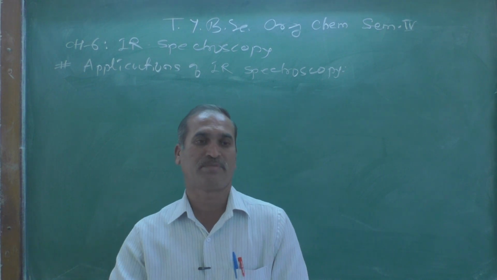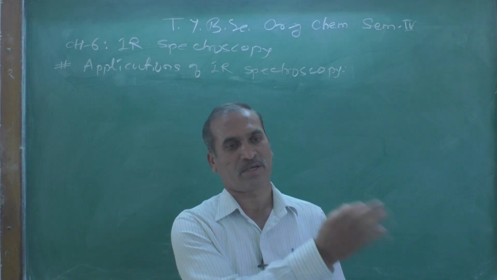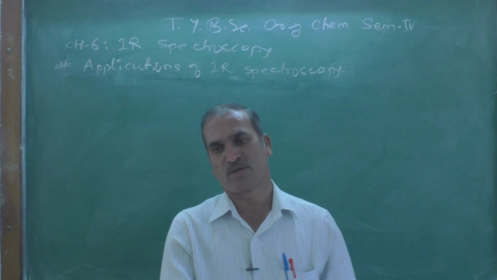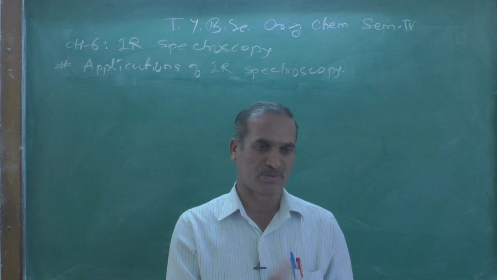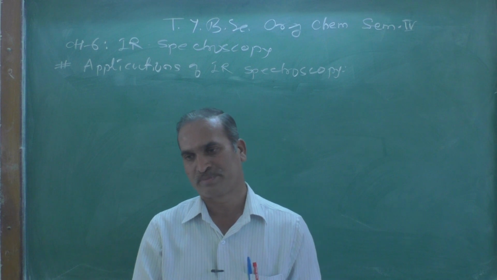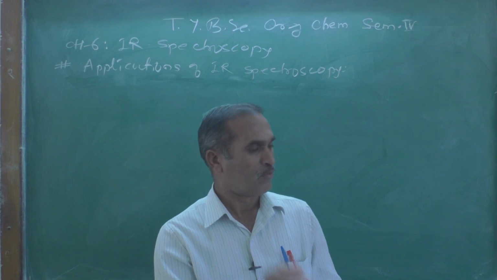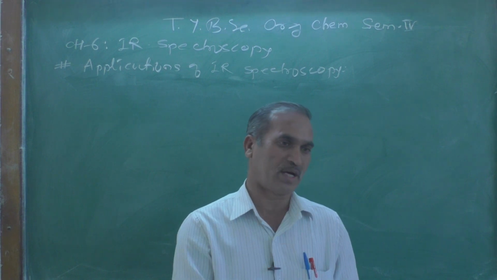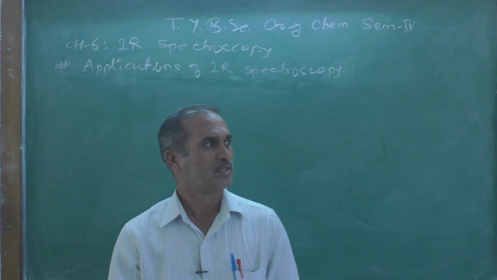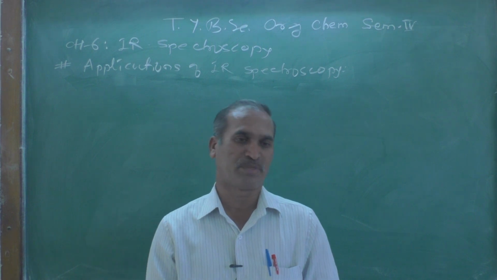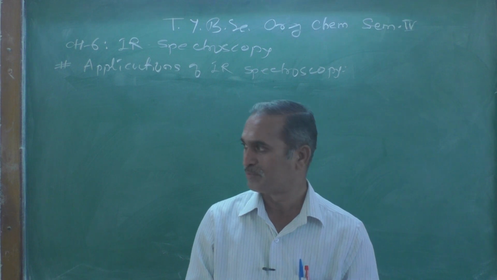Sometimes the position of a specific functional group, let's say the hydroxy group or the carbonyl group, changes. The normal position of the carbonyl group is around 1715 per centimeter, which we can call the base value of the carbonyl group.